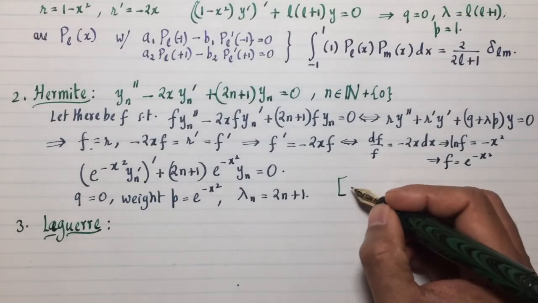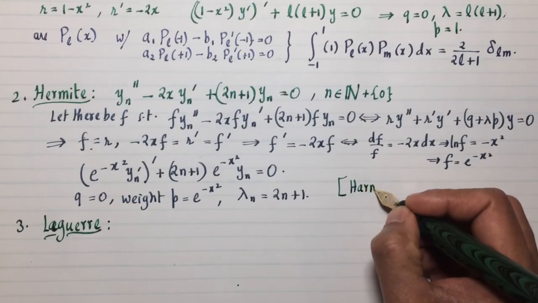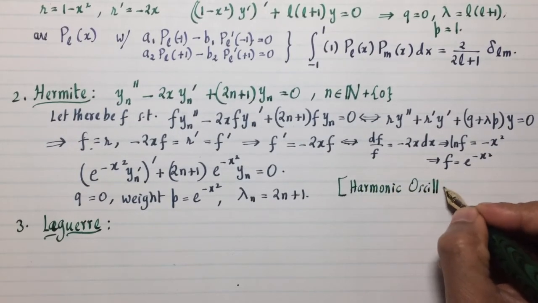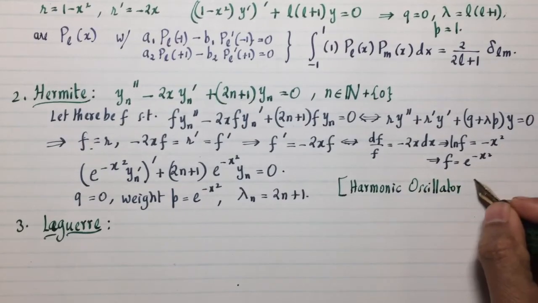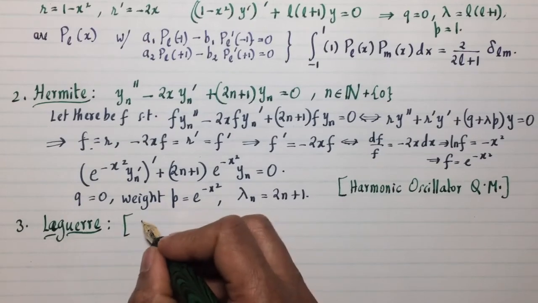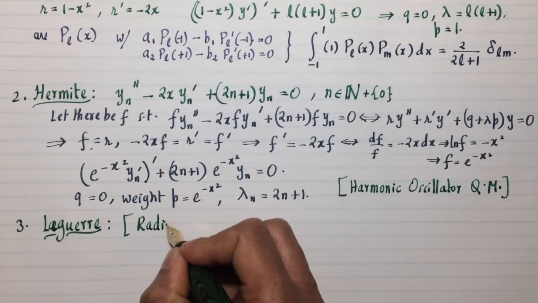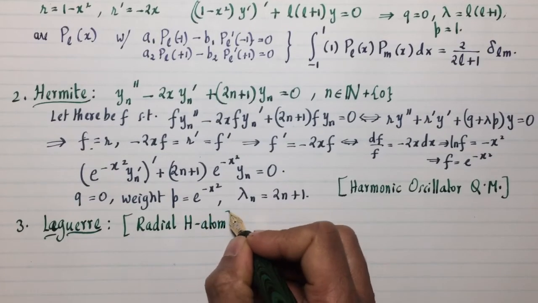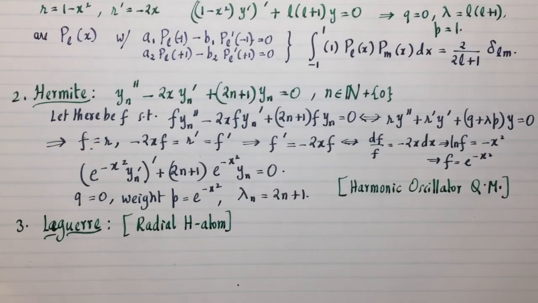The Hermite shows up in the harmonic oscillator in quantum mechanics, and the Laguerre polynomial shows up in the radial hydrogen atom. So the hydrogen atom, it turns out, can be separated into radial and angular parts. This is something that we'll learn in later videos when we study spherically symmetric problems.